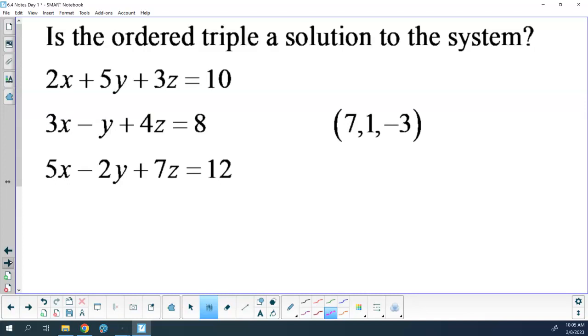Done the exact same way. I'm going to replace X with 7. I'm going to replace Y with negative 1. I'm going to replace Z with negative 3.